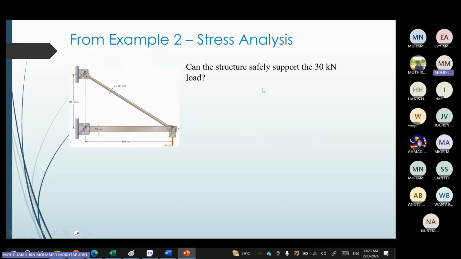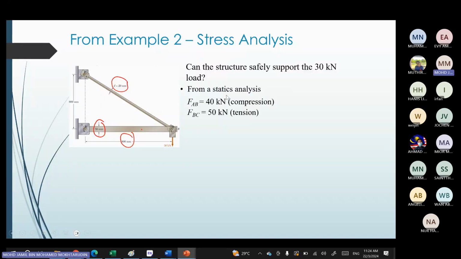So let's look at an example. We have this structure, from last week. Can the structure safely support a 30 kilonewton load? Let's say you apply the 30 kilonewton load. Will this structure remain static or will it move? Given the dimensions of the beam, 50 millimeter thick and 800 millimeter length, and the diameter of the rod is 20 millimeter.